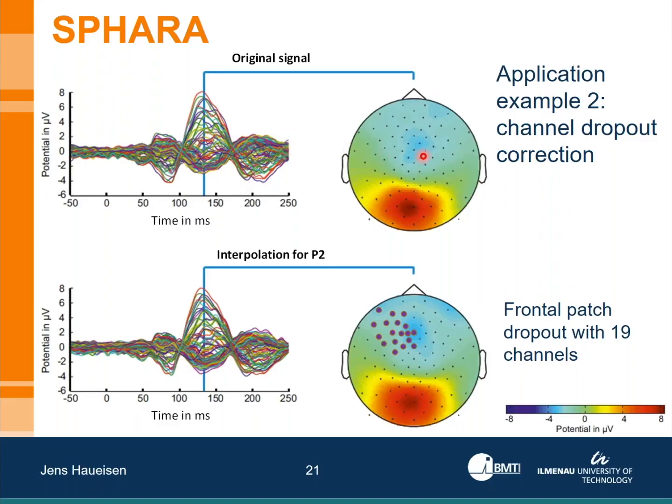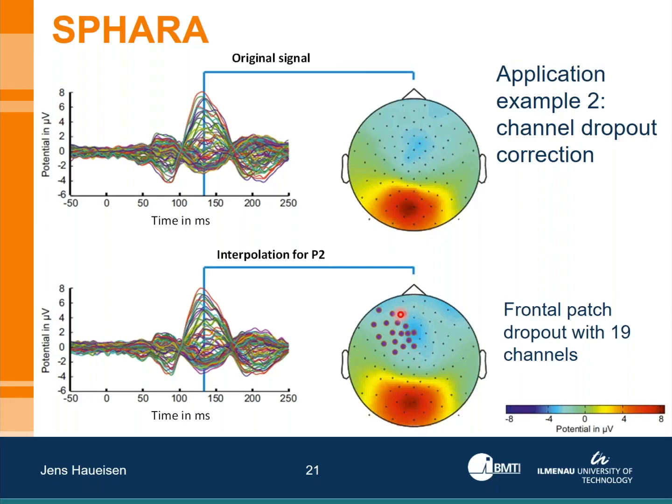And this topography is for the maximum, of course, indicated.